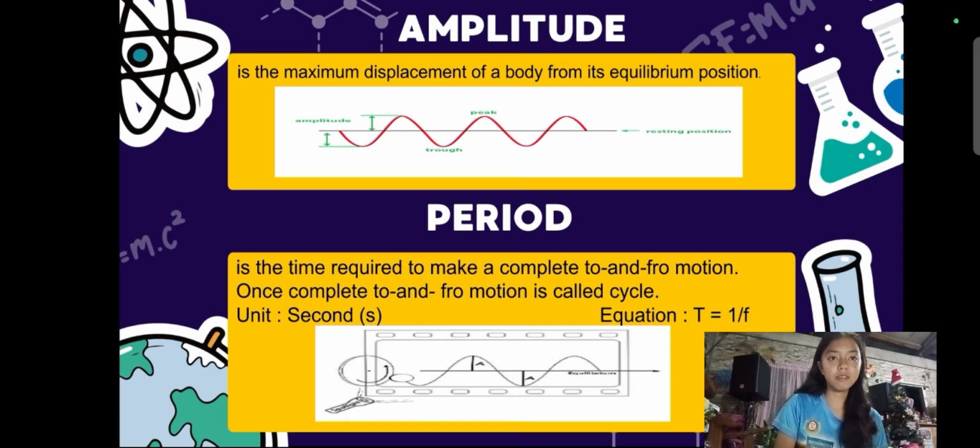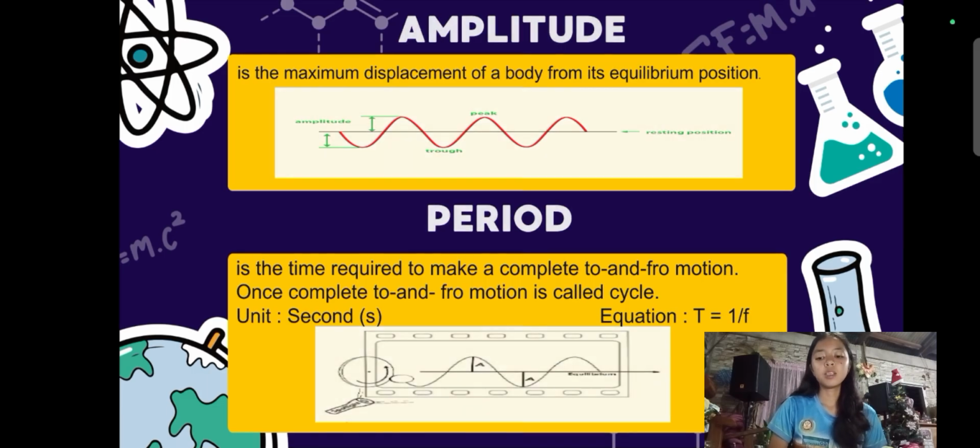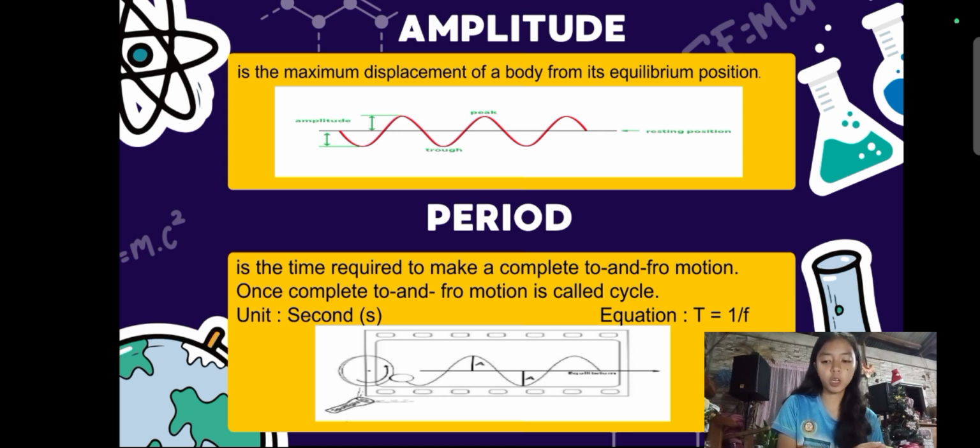It has a unit of seconds, and the formula is T equals 1 over f. The longer the period, the slower the motion.